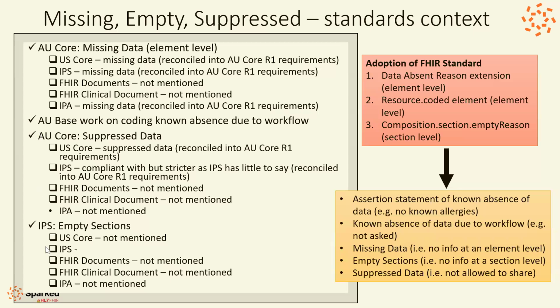The reason we're doing that is they're our primary things that we inherit from and comply to, as well as the fact that AU Core's missing data at element level has already done the work to reconcile and be fully compliant with US Core, IPS, FHIR documents, FHIR clinical documents, and IPA. So we can just go, we need to be compliant to AU Core. Let's look at their requirements, because all of that work was done by AU Core and HL7. Very useful. Thank you, AU Core.